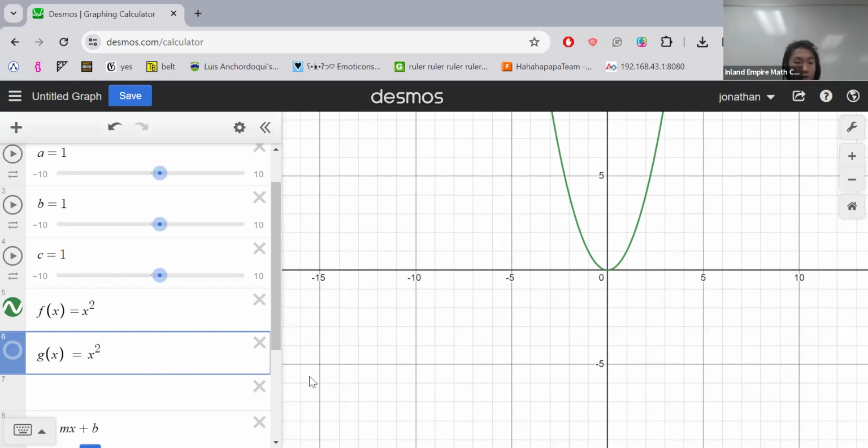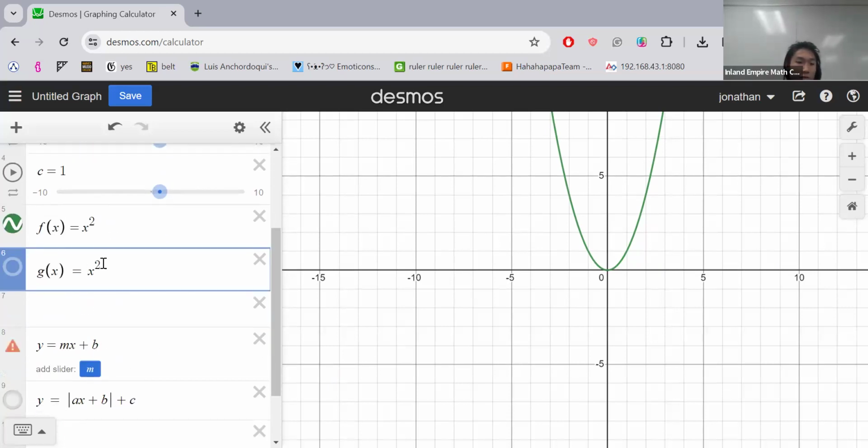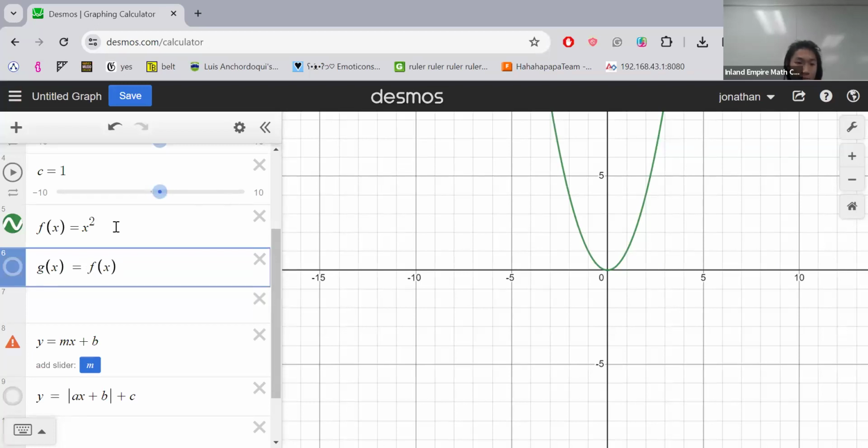All right, so you've gone over what the a value does for this, right? And now going back to what we learned earlier with the translations for y equals mx plus b, how can you move this function over? So if I define g of x as f of x, how can you move this function, let's say, up and down? What should we do to this right here?